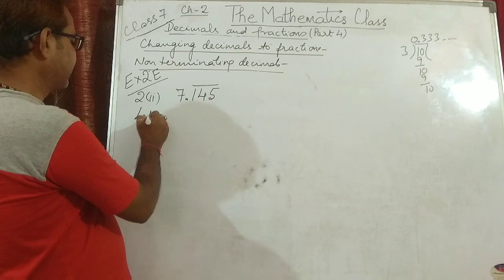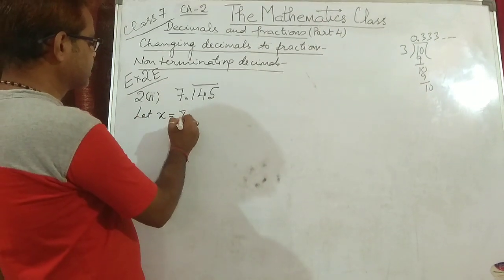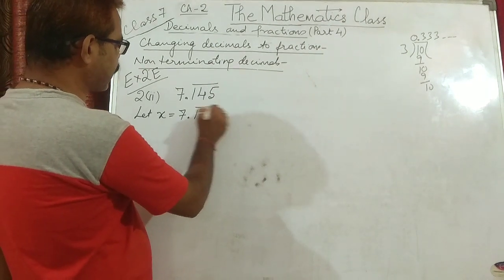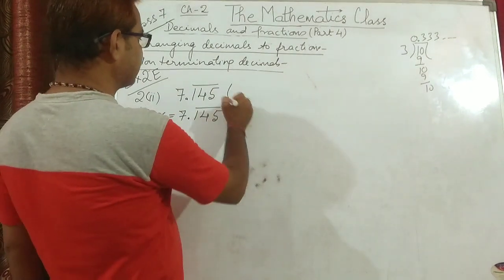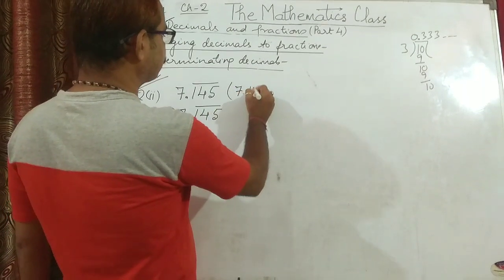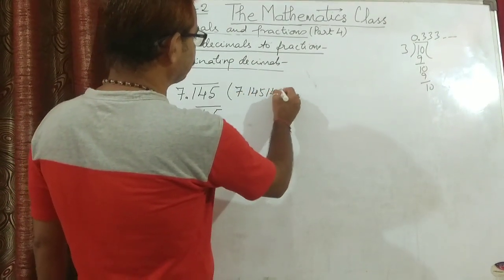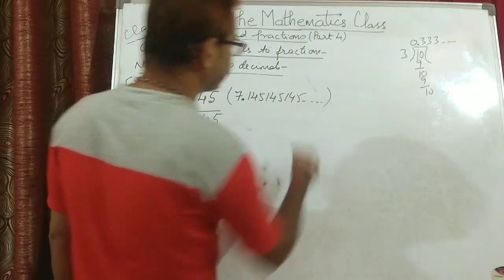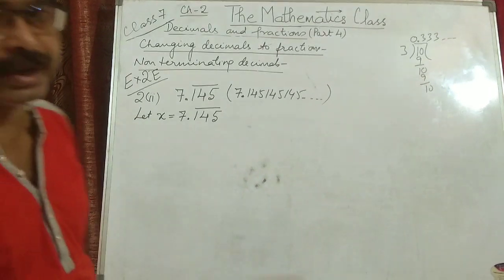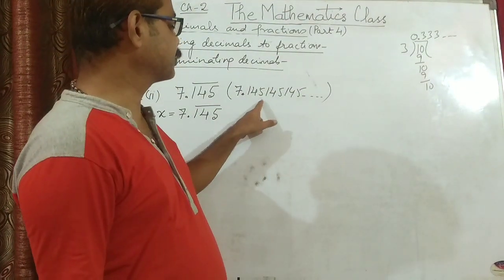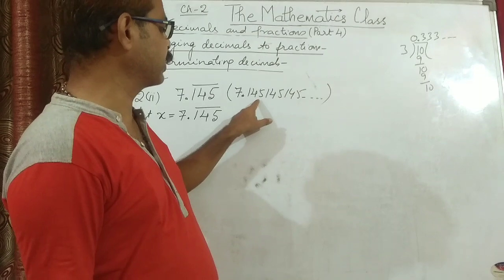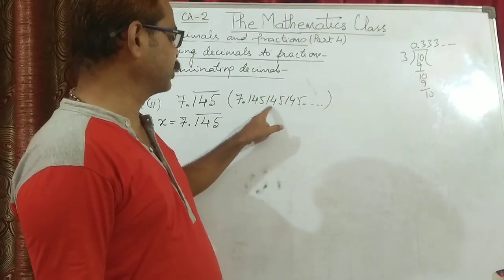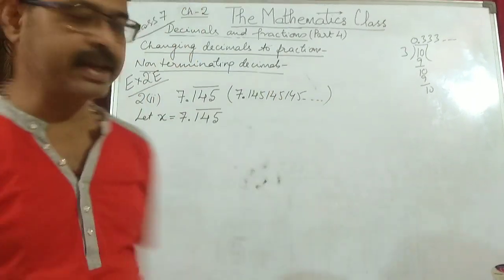We will assume let x is equal to 7.145 bar. It means that after the decimal 145, 145, 145, like this, the numbers 1, 4 and 5 are repeating themselves after 3 digits. 1 is repeating after 2 digits 4 and 5, 4 is repeating after 2 digits 5 and 1, again 5 is repeating after 2 digits 1 and 4. So you can see these are repeating themselves.